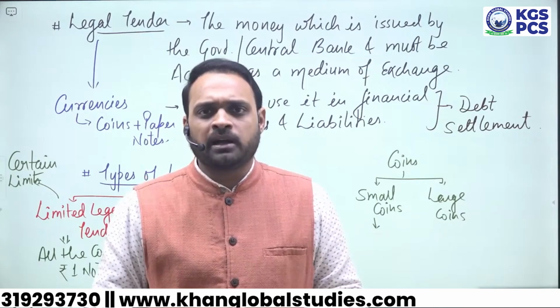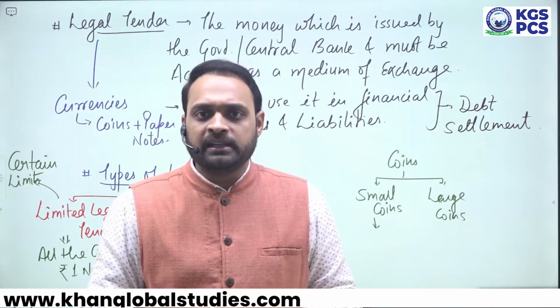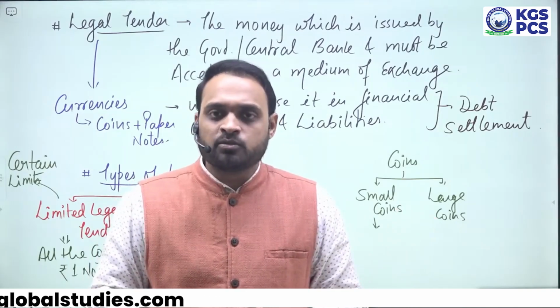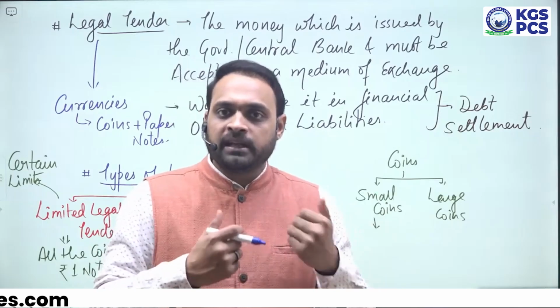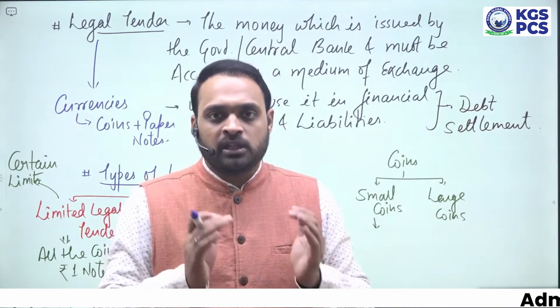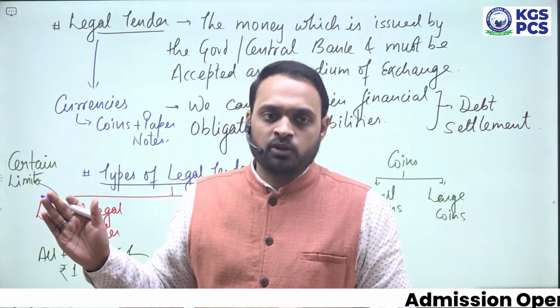Like you went to the market with rupees 20 and bought a commodity costing rupees 13. Now where will they get 7 rupees? They will give you the 7 rupees as coins, which makes the transaction smooth and easy. That is the only purpose behind issuing coins and the rupee 1 note.